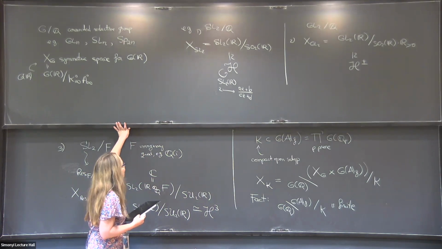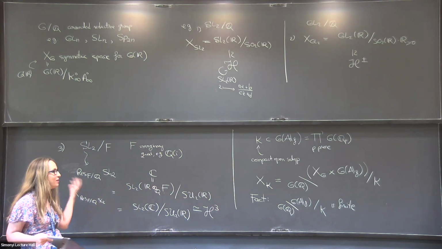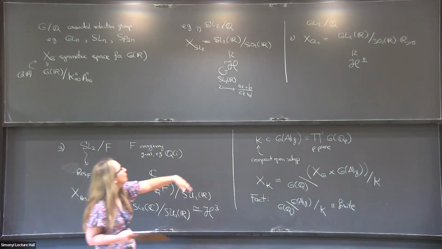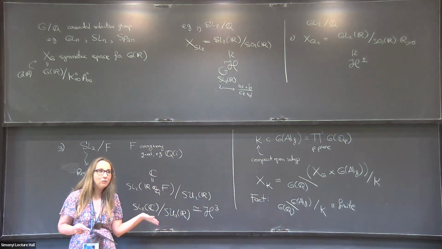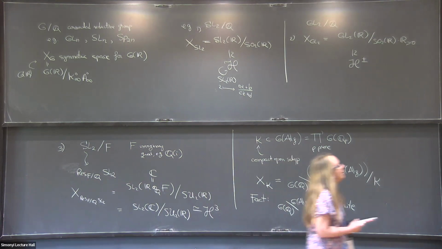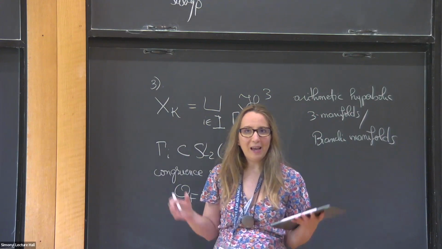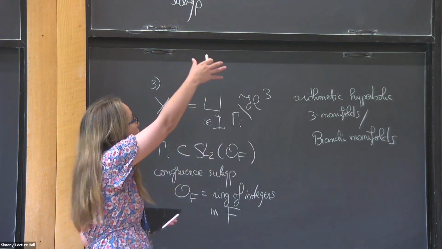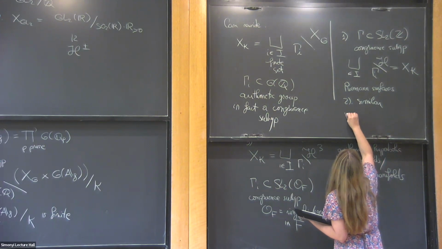And I'll make one comment about modularity of elliptic curves, and then I might not come back to it so soon. So if you start out with examples 1 or 2, so you're looking at SL2 or GL2 over Q, then the associated spaces have this complex structure, and that makes them closer to geometry. These are called modular curves.